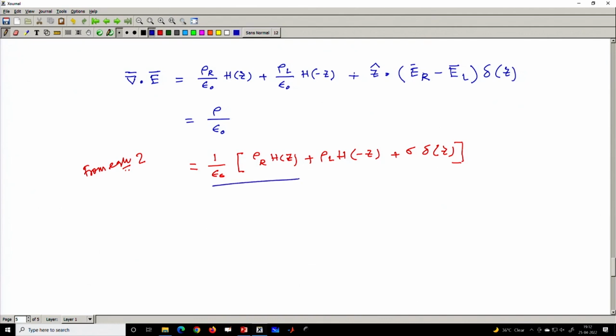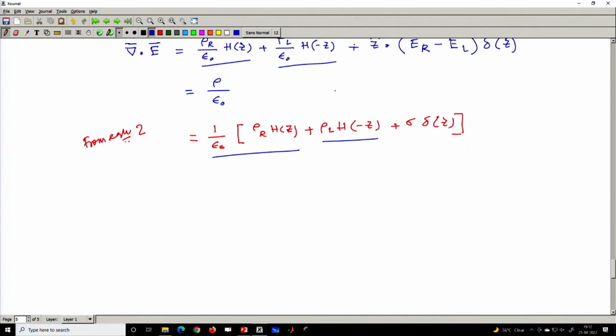So this quantity will cancel out here, this quantity will cancel out here, and eventually what I get is this one: (E_R minus E_L) dot z unit vector delta z is equal to sigma divided by epsilon 0 and delta z.